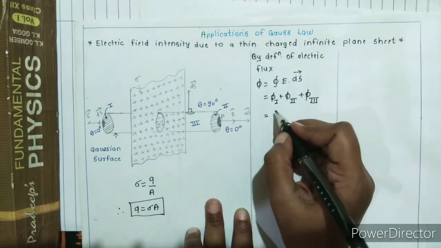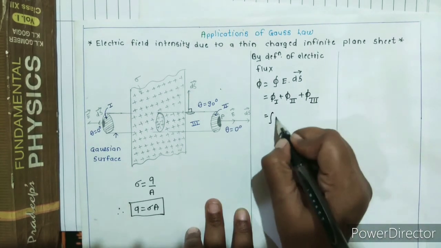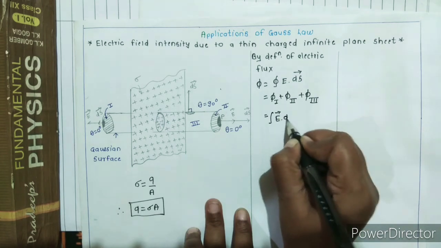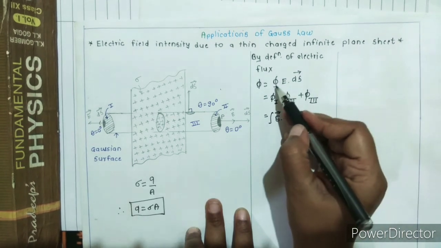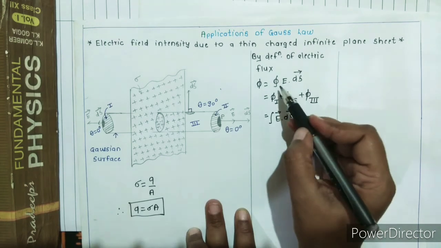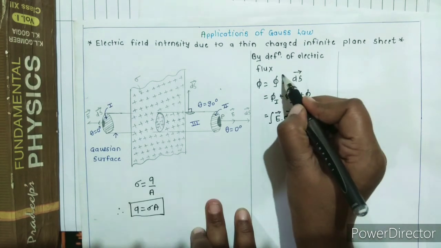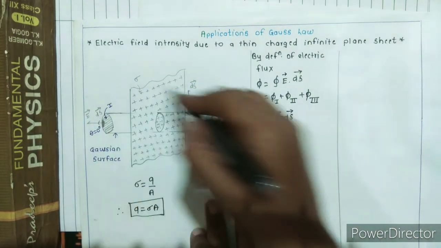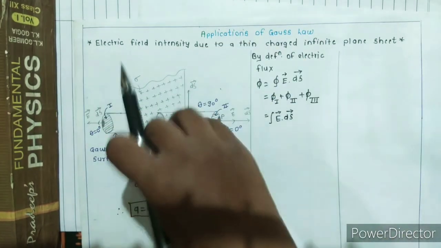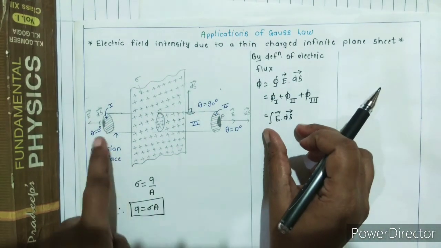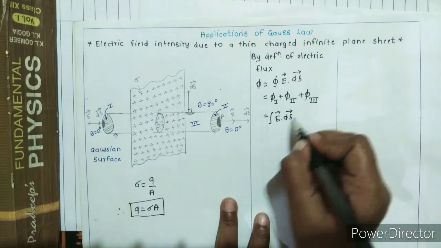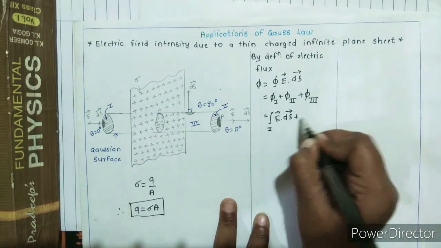Again I can write integral of vector E dot ds. Here I write the closed integral. Why? Because I have to find the electric flux through this closed cylinder surface. Here I have considered only the first region, therefore I write integral only.